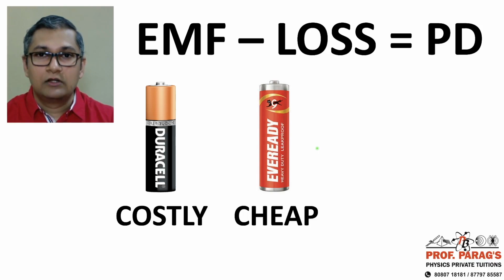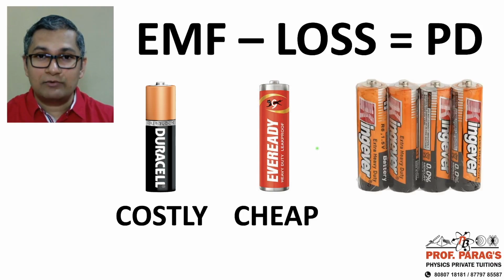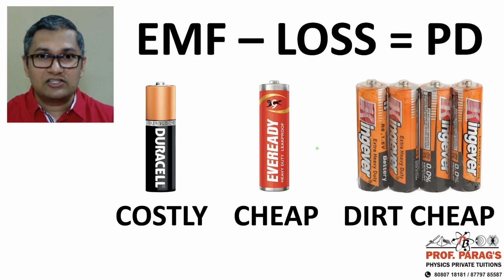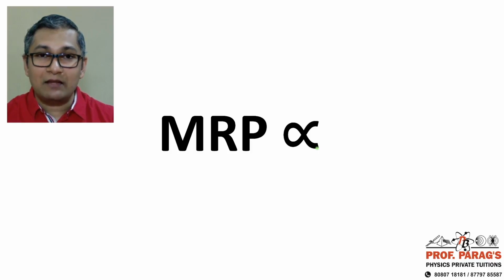It's cheap. And if you go for made in China products, you can get a full packet of cells for maybe 10 rupees, right? It's dirt cheap, you can say. What is the difference between these three cells, right? I'm not promoting any brand here, okay, but the idea here is about internal resistance, right? The MRP, the maximum retail price of your cell, is nothing but inversely proportional to the internal resistance.